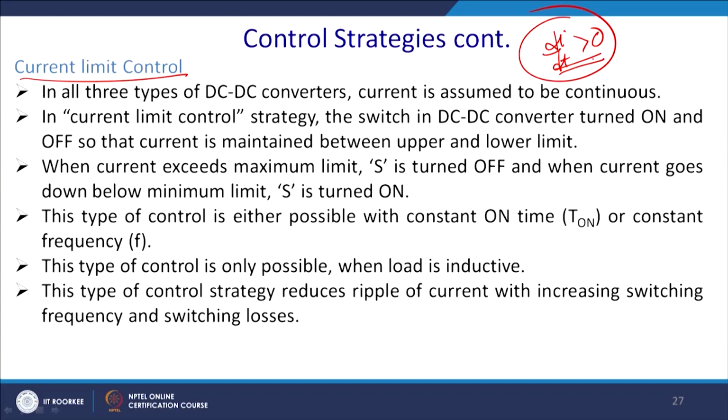So, we require to limit the current, because the switch has a limited capability of carrying current. That is said to be the current limit control. You will allow the current to ramp on, and it will transfer the energy until it hits the current limit, then you will switch it off.